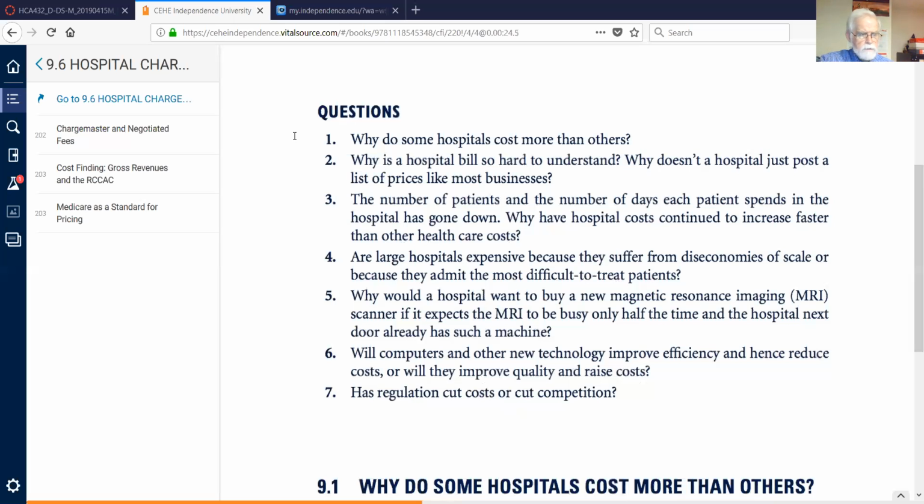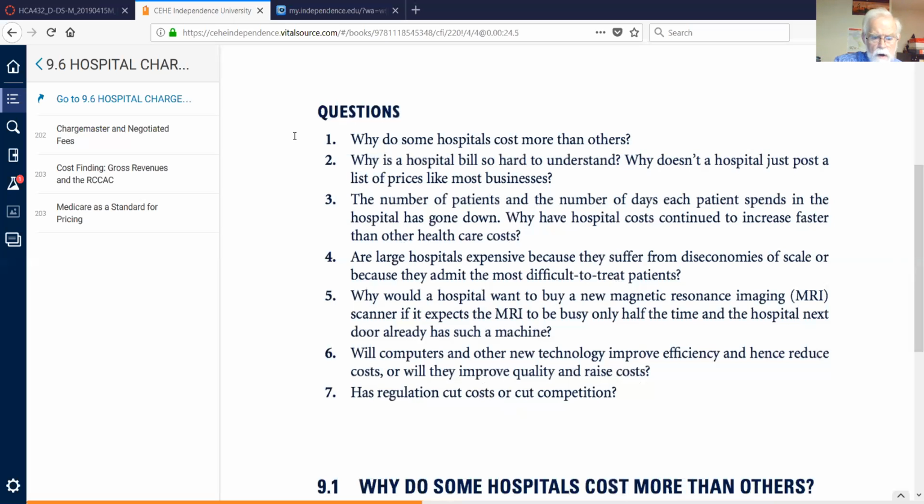On top of that, the official charge or the official cost of something for a hospital has a very fundamentally different relationship with the actual payment that's made.